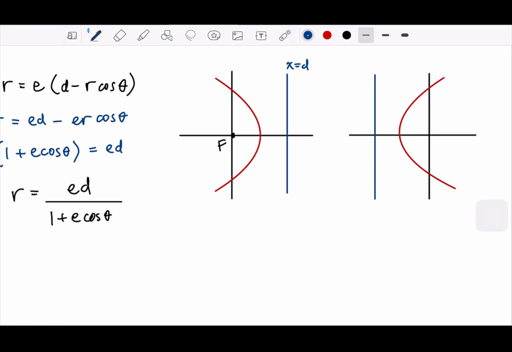So let's say this is x equal to d, not d, because it's on the left side, this will become negative d, right? Okay. Now, what's the implication of this? If you follow a similar method to the previous one, you will arrive at the conclusion that r is equal to ed over 1 minus e cos theta.